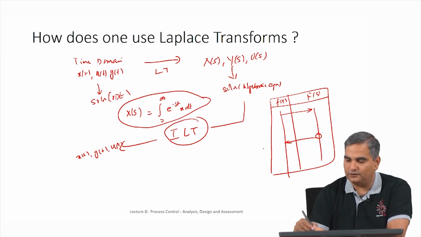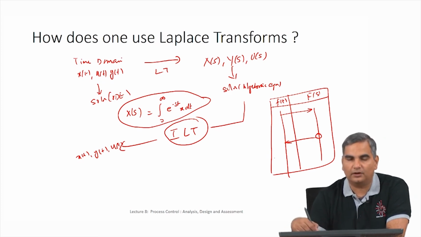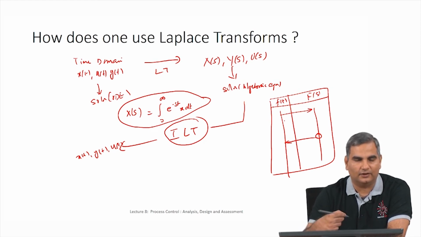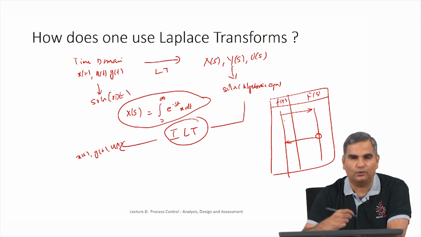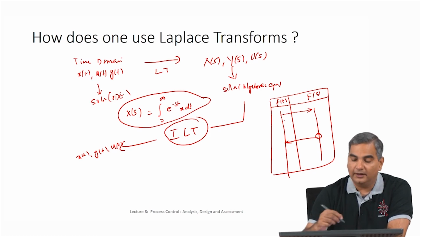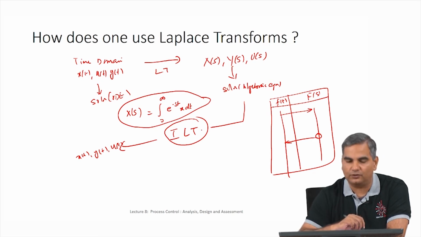So because of this lookup table where I can go from one side to another, and since this has been worked out for a large number of problems, and in fact I will show you later through this idea of partial fractions, you can really use only one or two of these entries to do a wide variety of problems. Then Laplace transforms become very, very useful. If you have to actually do the integration and then compute the inverse Laplace transform, it is much more complicated, and that is something we usually do not do.